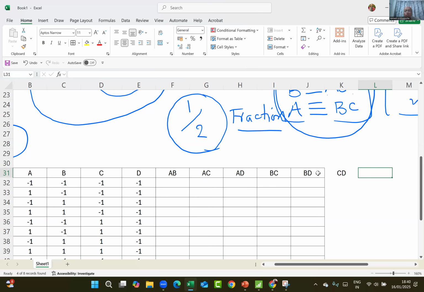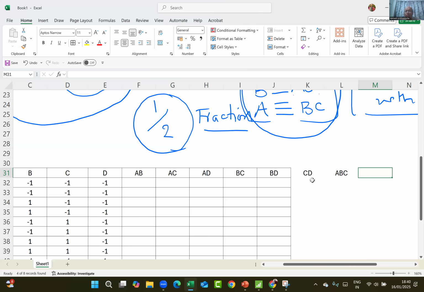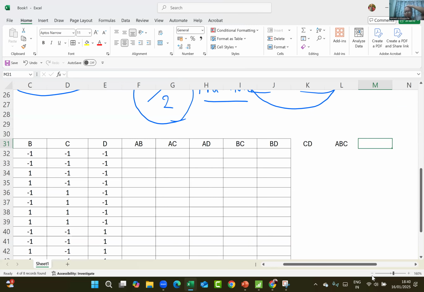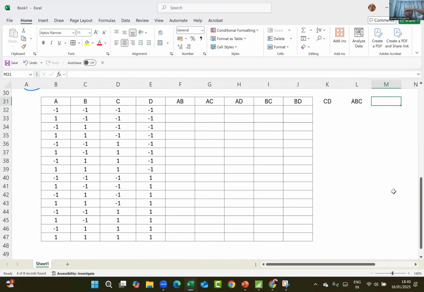So there are 6 two-factor interactions, and then you got ABC. Okay, there it will be complicated, so I think let us not do this. You can sort out this table later, because it will take a lot of time, and unfortunately we don't have that much time. I can extend this table.